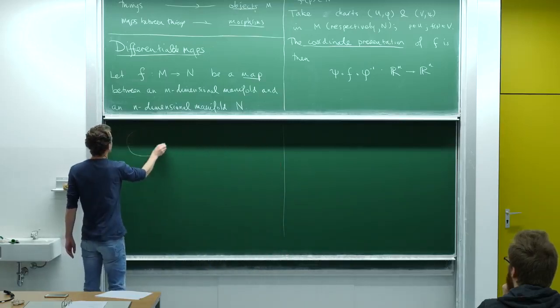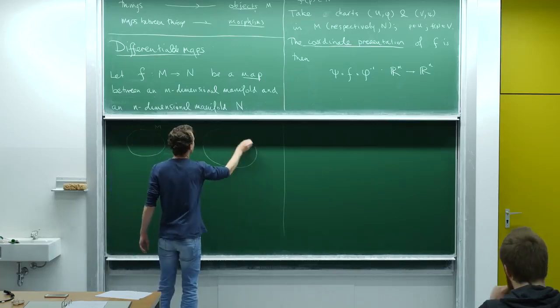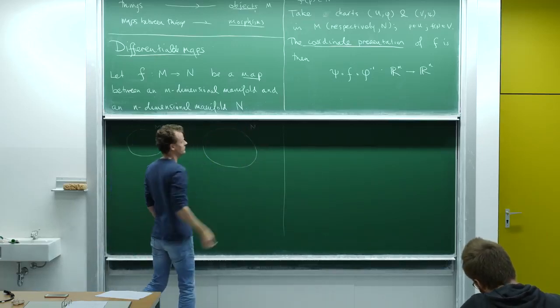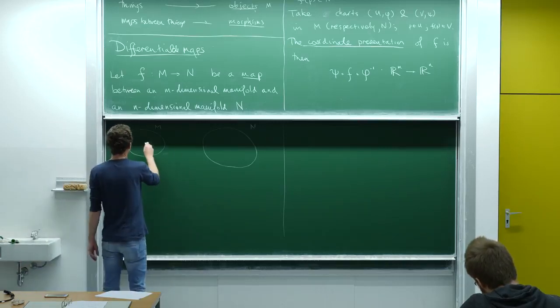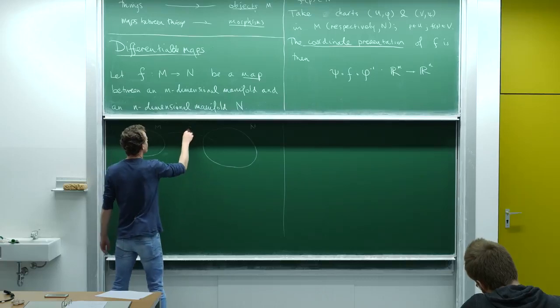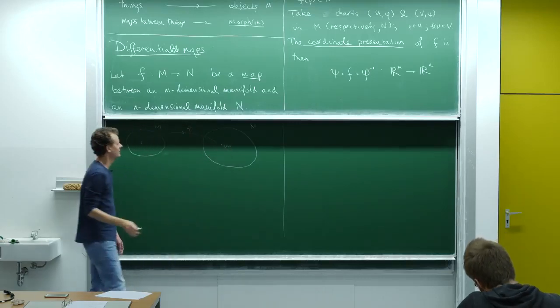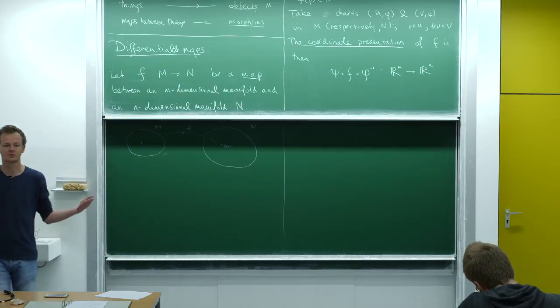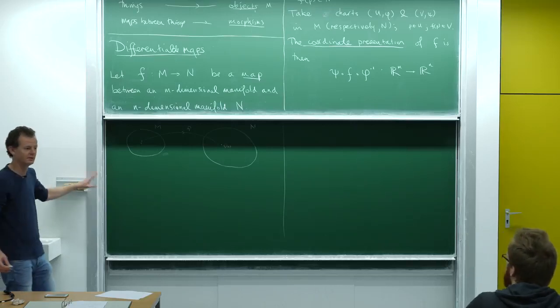So we have a manifold M, we have a manifold N. Okay, that's what we started with, and a map between them. So here's a point P, here's a map between them, F, here's F of P, and then in order to be able to talk about derivatives and differentiability and so on, we have to relate it to Euclidean space in some way where we do know how to talk about derivatives.